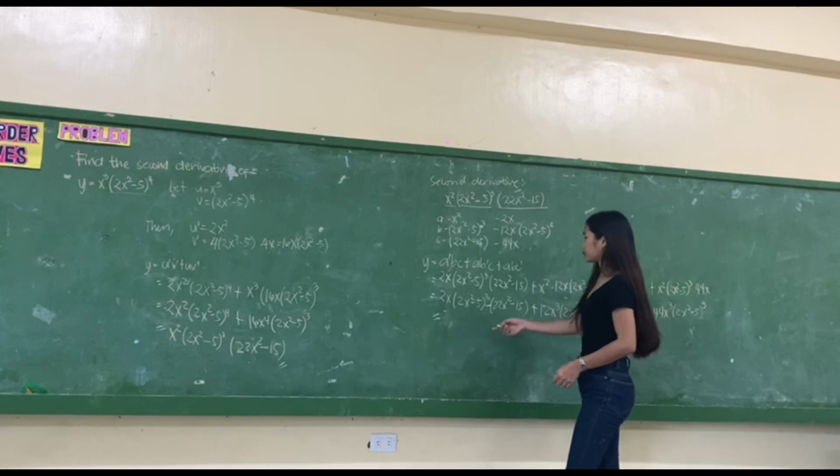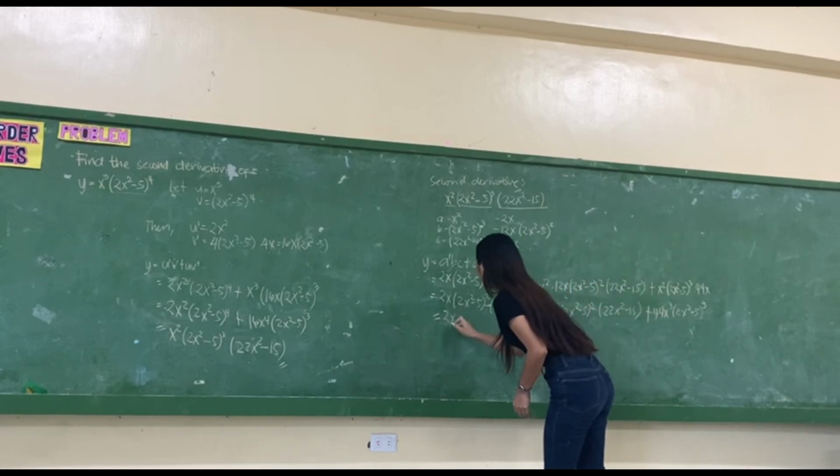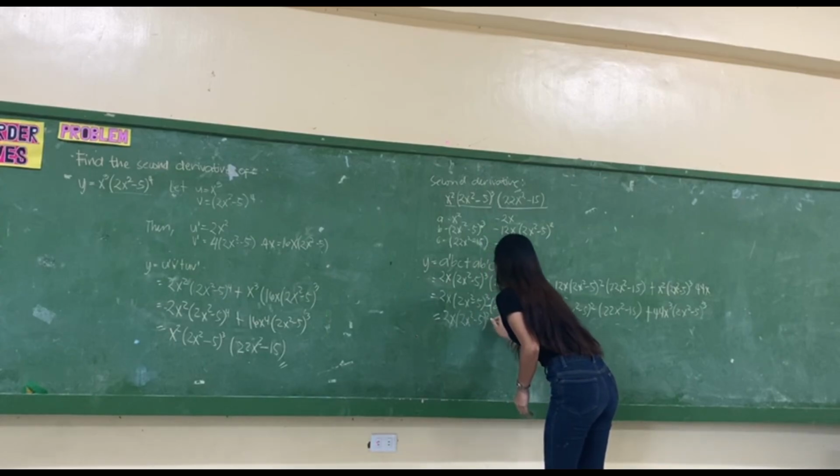And now let's proceed. We'll just factor this by 2x times (2x squared minus 5) squared.